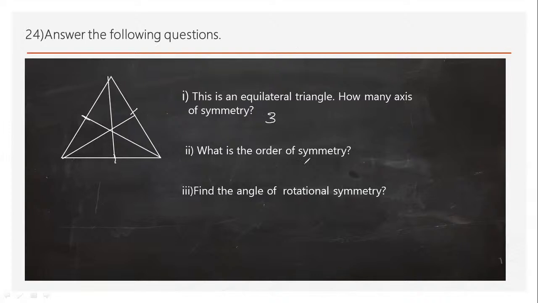What is the order of symmetry? That is also 3. Find the angle of rotational symmetry. If you divide the angles at a point, 360, by the order of symmetry, you will get the angle of symmetry. Angles at a point 360 divided by order of symmetry 3 is 120. 120 is the angle of symmetry here.